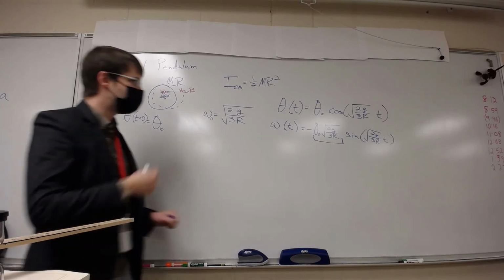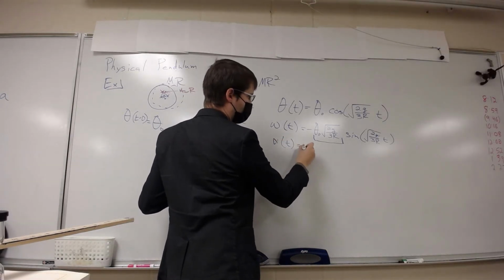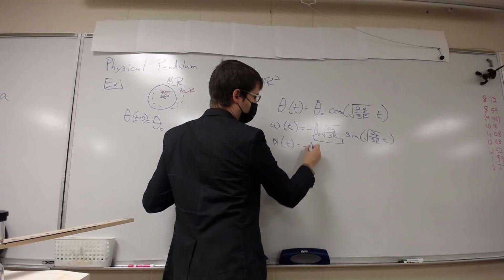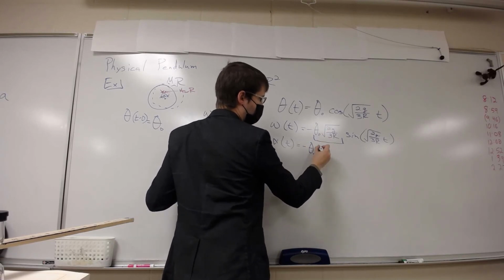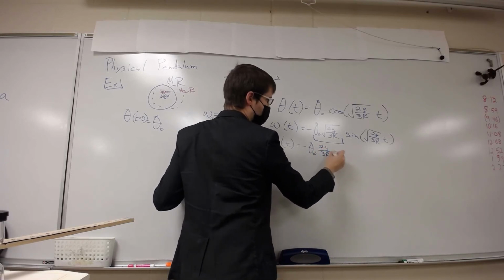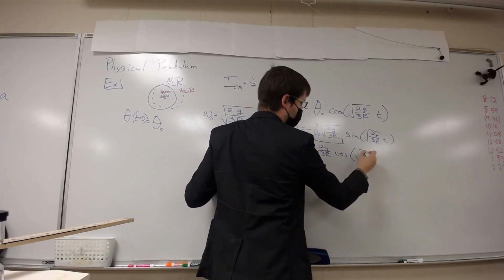And then if we did this one more time, we would get alpha as a function of time, which is going to be equal to minus theta times omega naught squared, which is just going to be 2g over 3r, times again cosine of the same thing.